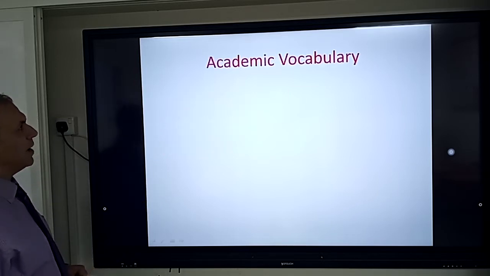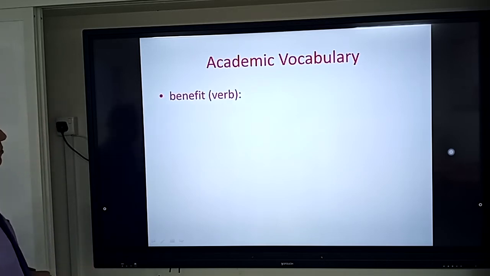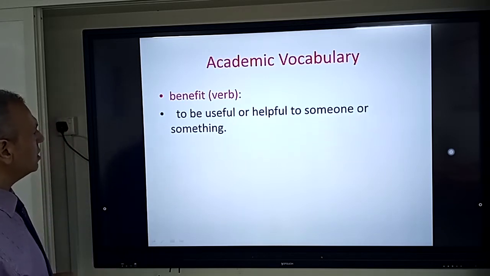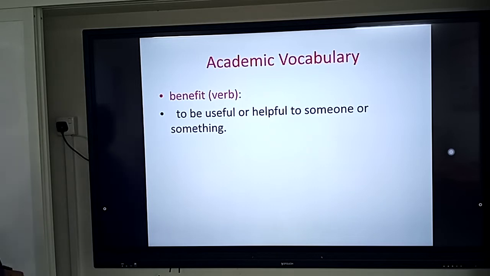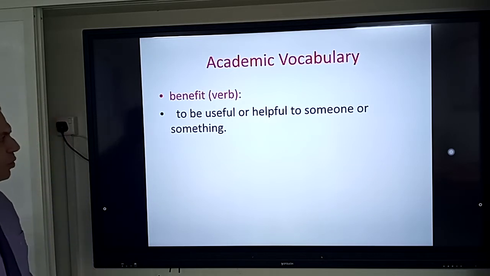What about some academic vocab? What is the meaning of benefit? Benefit is a verb. It is to be useful or helpful to someone or something.